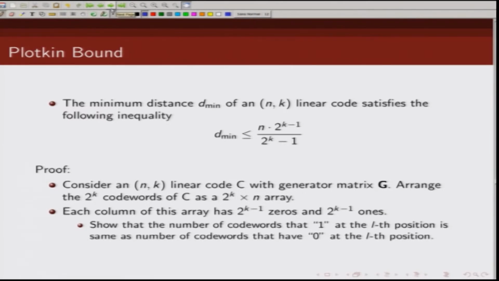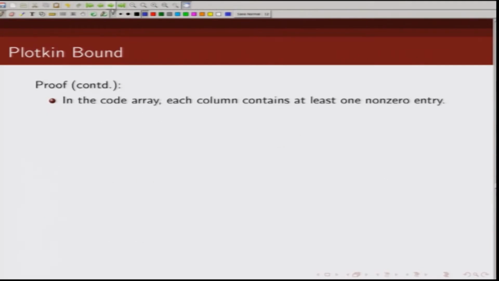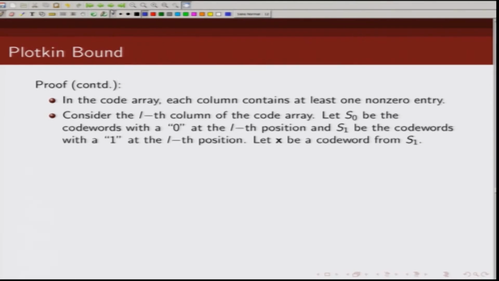So, how do we show there are equal numbers of zeros and ones? We show it by showing that the number of code words that have 1 at the lth position is the same as the number of code words that have 0 at the lth position. In this way we will show that there are equal numbers of zeros and ones in this array. So, we have a code array where there is at least one non-zero element.